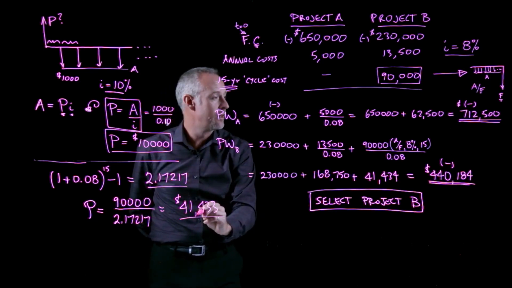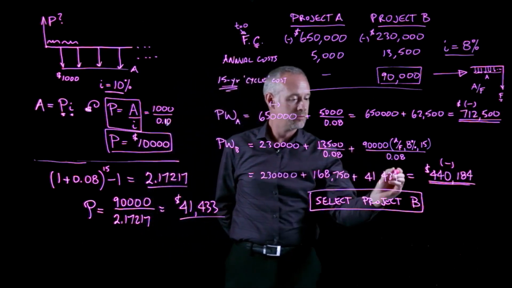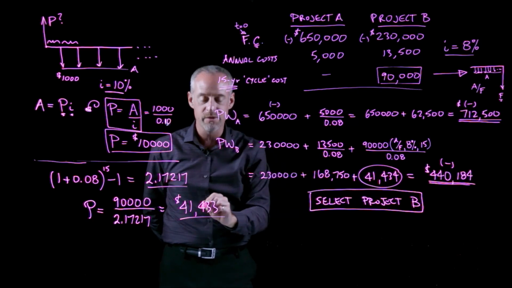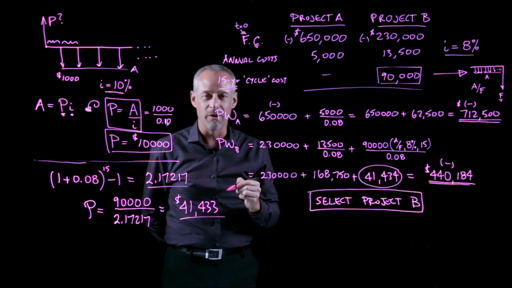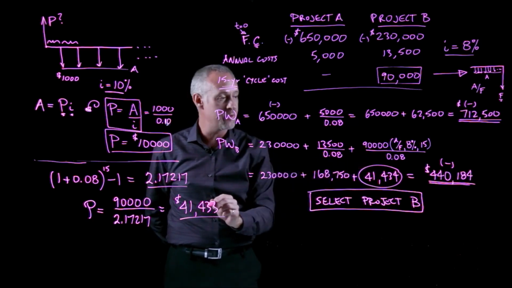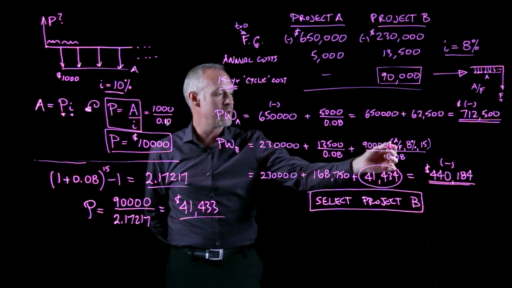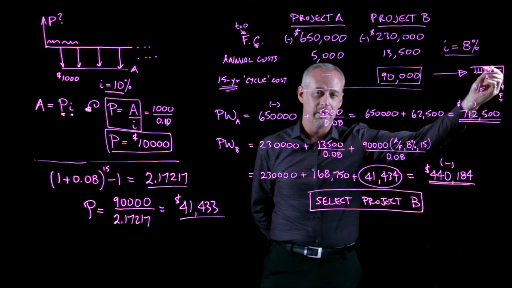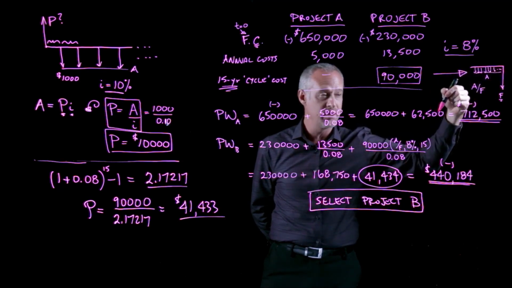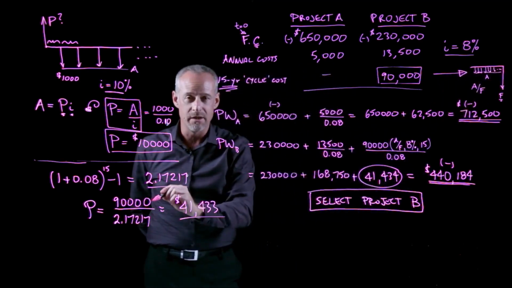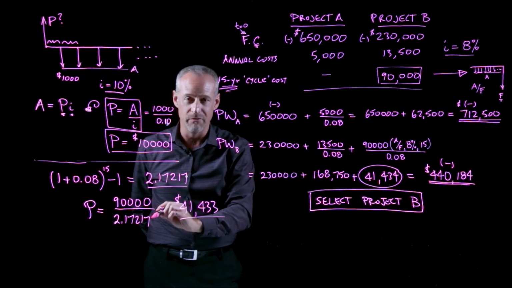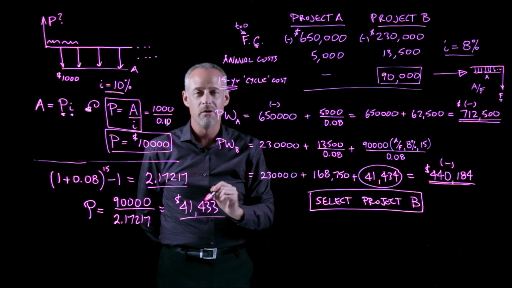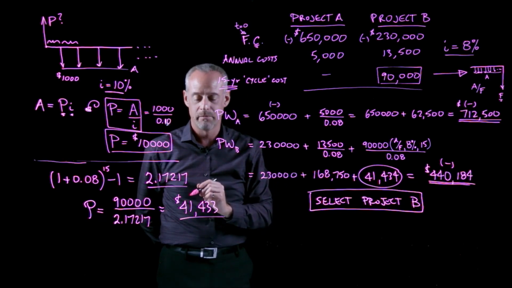If I look back over here, 41,434, 41,433, we're within $1. So you can see that both of these methods, either doing the transformation, turning the F into an equivalent A and using the 8% annual rate, or keeping the $90,000 and calculating an effective 15-year rate, give us the same number for the present value.